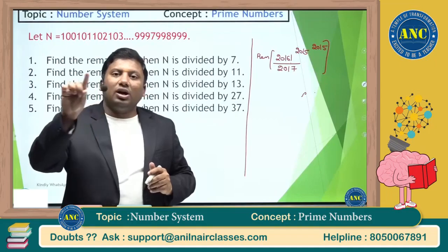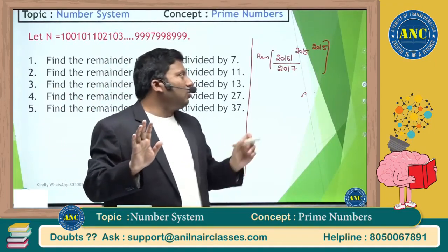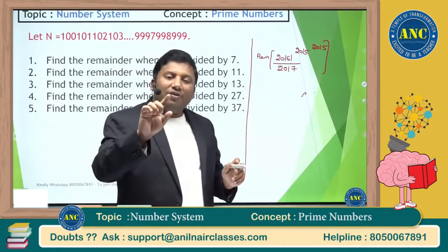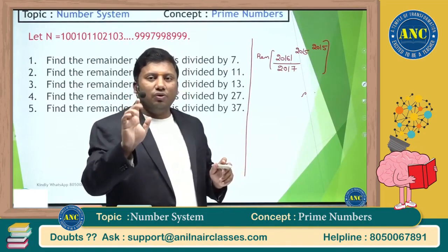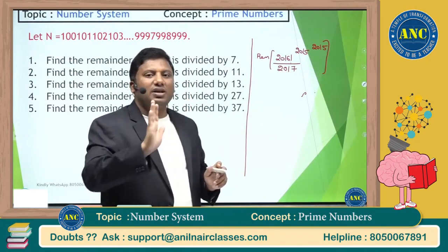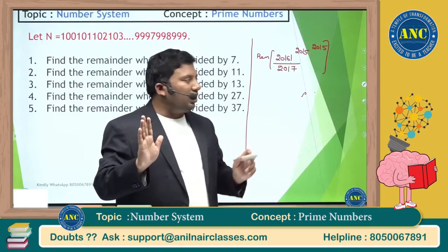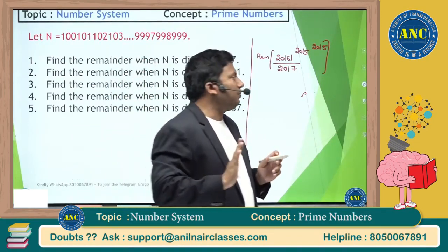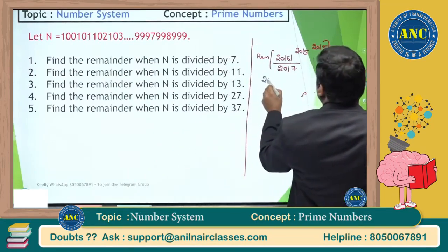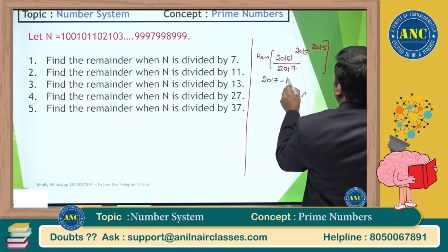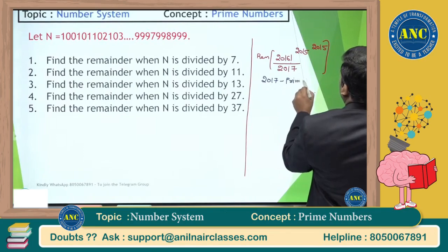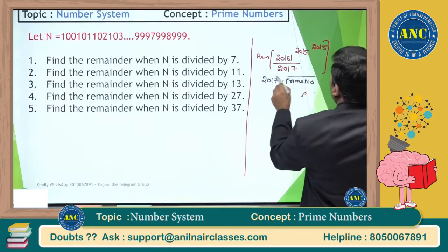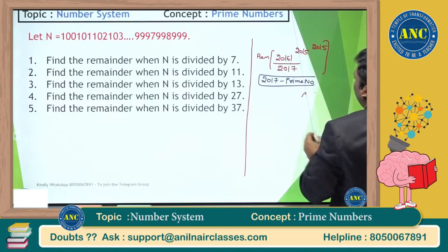Take the square root of 2017. 45 squared is 2025. Take all the prime numbers less than or equal to the root. If none of them divides 2017, then the number is a prime number. If you check like this, 2017 will be a prime number.